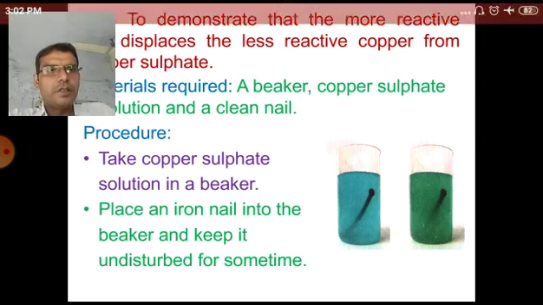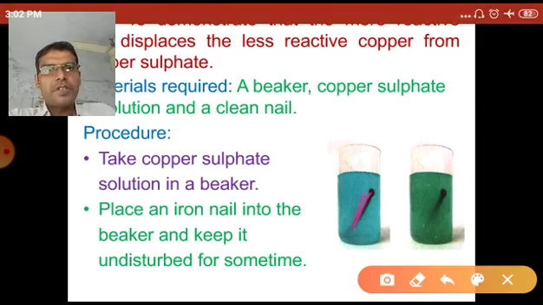Then place an iron nail into the beaker and keep it undisturbed for some time. After some time, you will observe that the color of the copper sulfate solution, which was blue, changes to green, and the color of the iron nail becomes reddish brown.